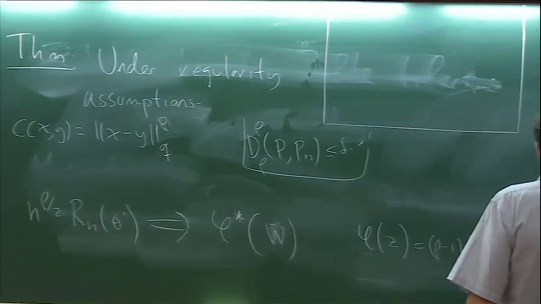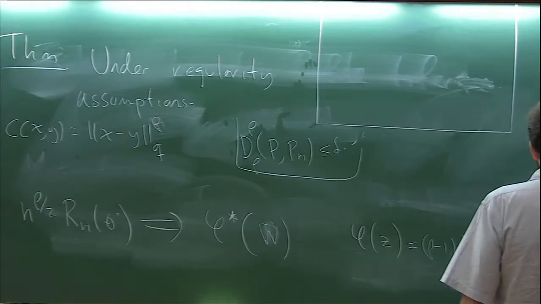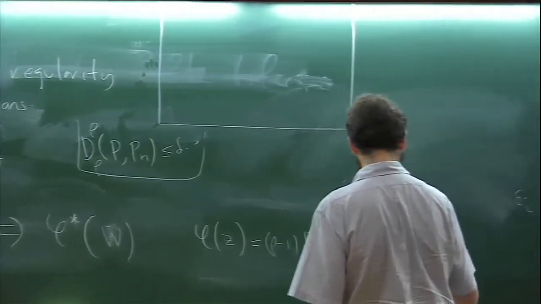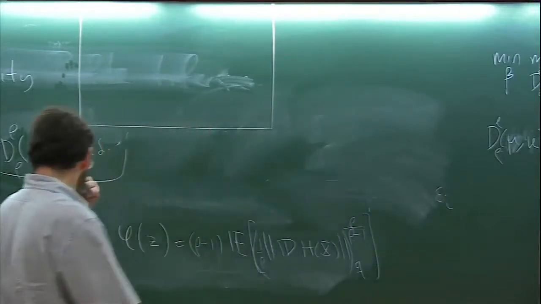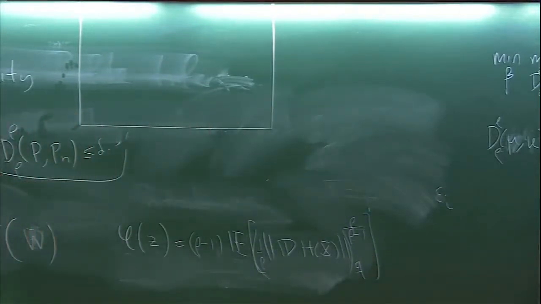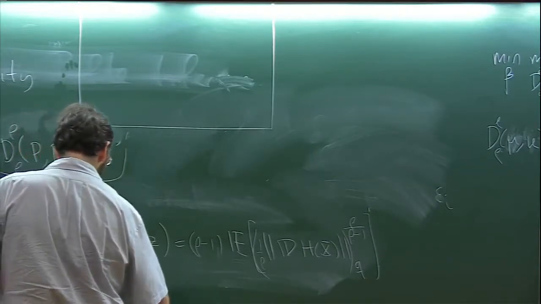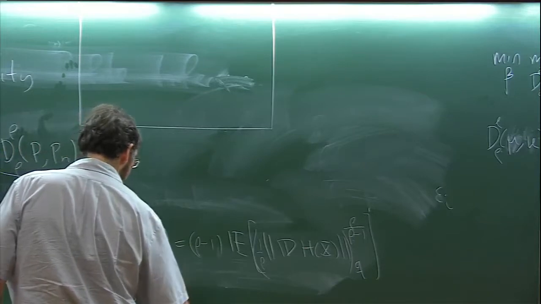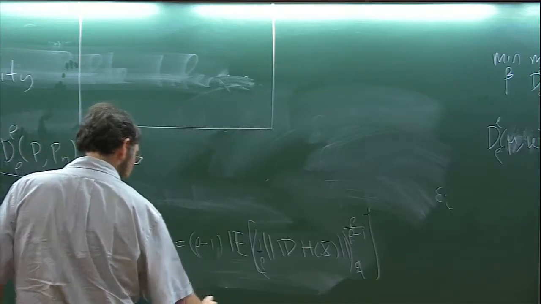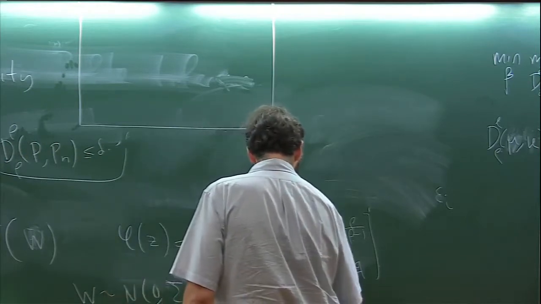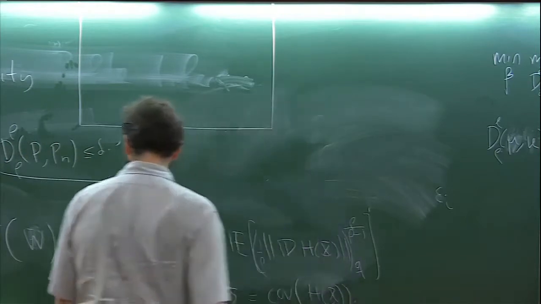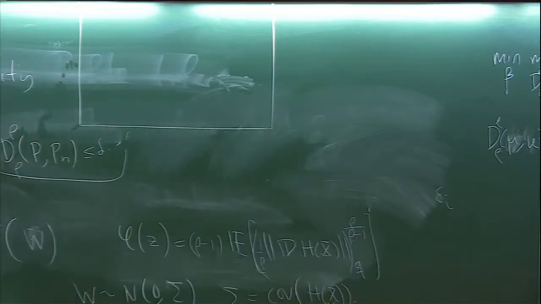I'm going to use q here, and to the power rho divided by rho minus 1. Okay, so this is what I want to show you, and W is a normal with mean zero and variance sigma, where sigma is the covariance of h(x). Okay, so this is what we want.